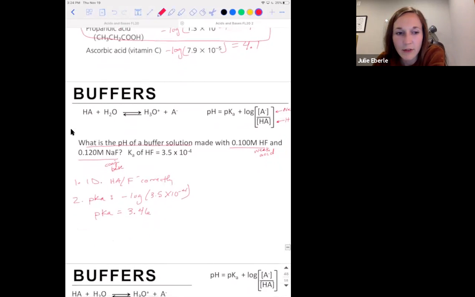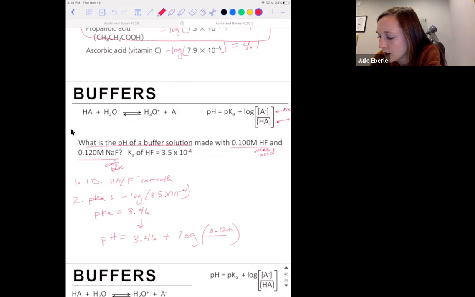All right, so now we're going to plug everything in. Yeah, there you go. So pH, here's the Henderson-Hasselbalch equation. We're just going to plug in pKa, 3.46, plus the log of, top is the conjugate base, so that's 0.12 molar. On bottom is the weak acid, 0.1 molar. And then you just put all this in your calculator.